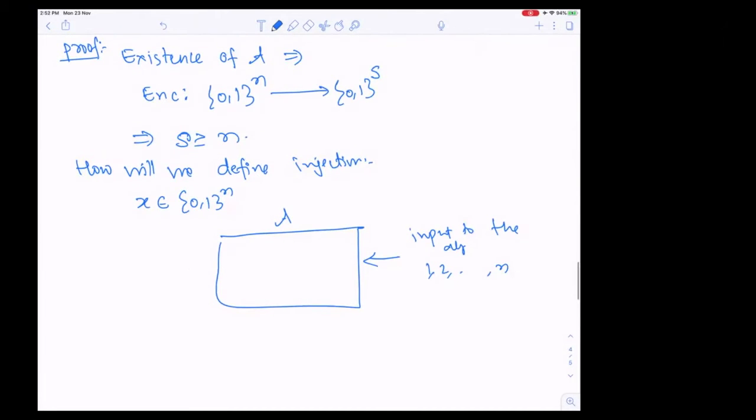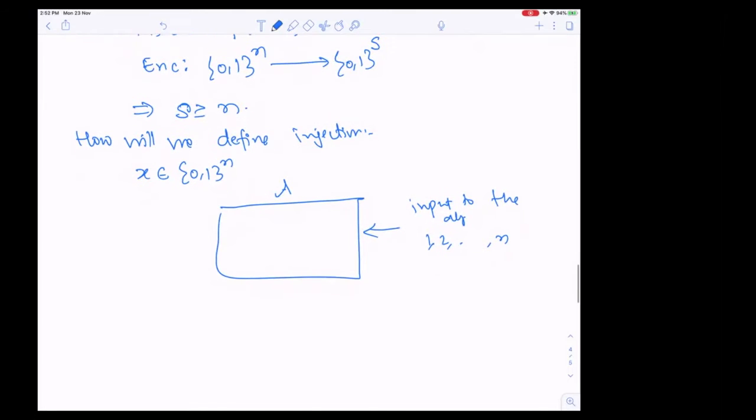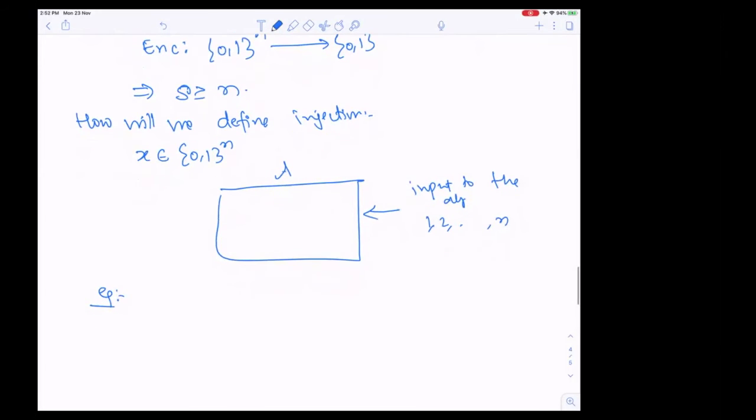So now given this, I'm going to make a stream as follows. Suppose we have, for an example, 0, 1, 0, 1, 1, 0, 1, 1, 0, 1, 1. First I'm going from left to right.